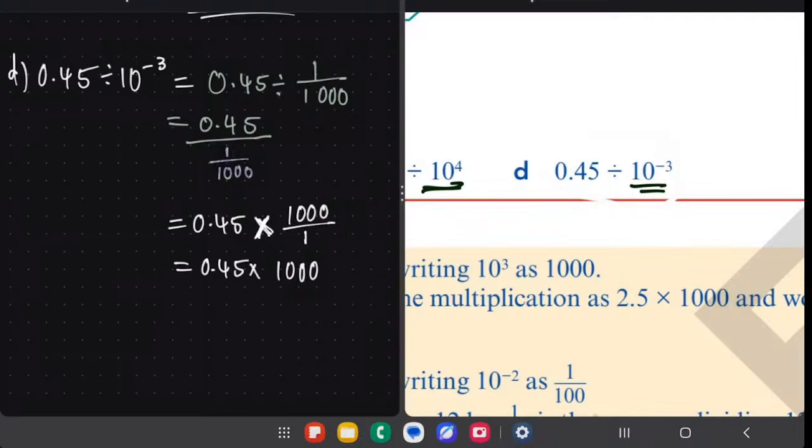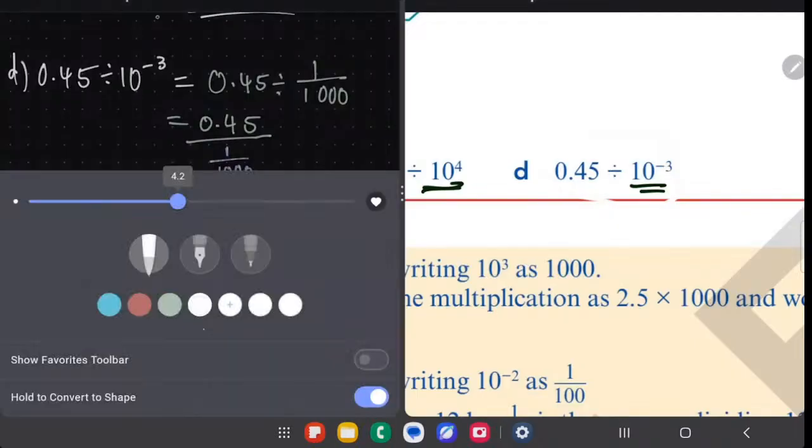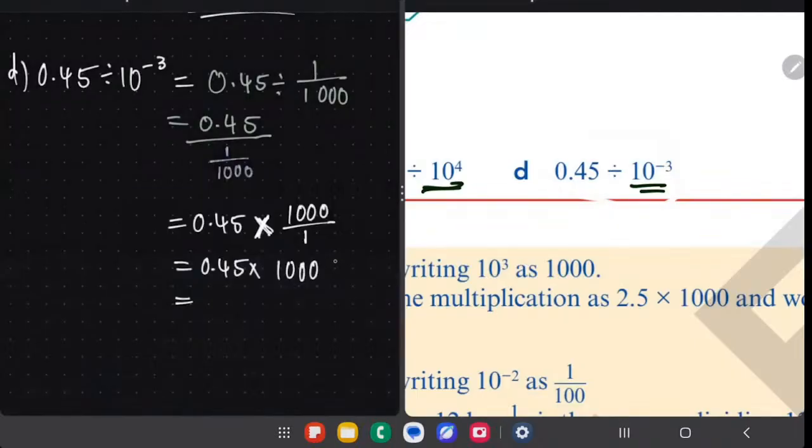0.45 times 1,000, which means we are now knowing what to do. We are now moving the comma to the what? Are we moving it to the right or to the left now when we are multiplying by 1,000 like this? We are moving to the right. Yes, we love to multiply. We move to the right. How many times? How many zeros are these? 3 zeros.